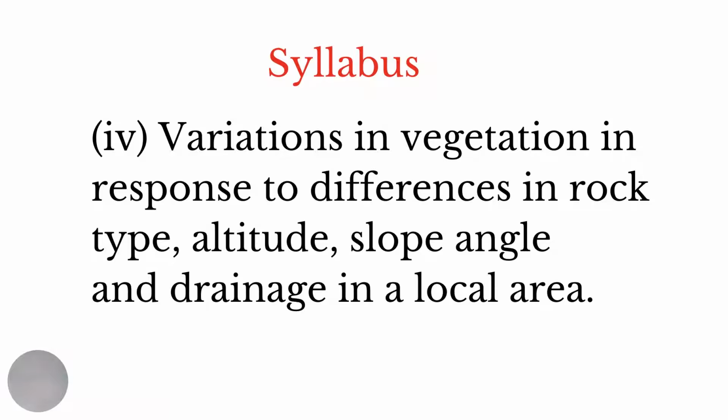And so when you're describing the vegetation, these are some of the things you will have to bear in mind: the way that the vegetation will vary on the map will be based on differences in the geology over the map area, differences in altitude, or height of the land, over the map area, the angle of the slope, whether it is steep or gentle, whether it's a windward slope or a leeward slope, that will also influence the type of vegetation that we see at specific areas on the map.